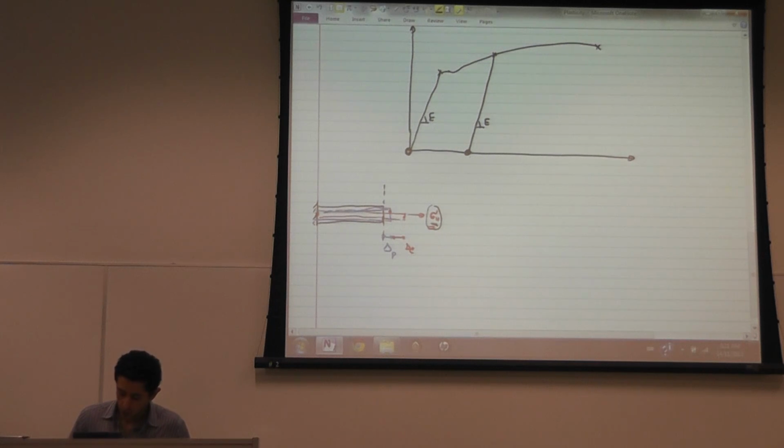And so, at any point beyond the initial yield, the material still behaves elastically when I unload, and the moment I load, I'm still following the same slope until I reach this new sigma yield, and then the material starts behaving plastically again.